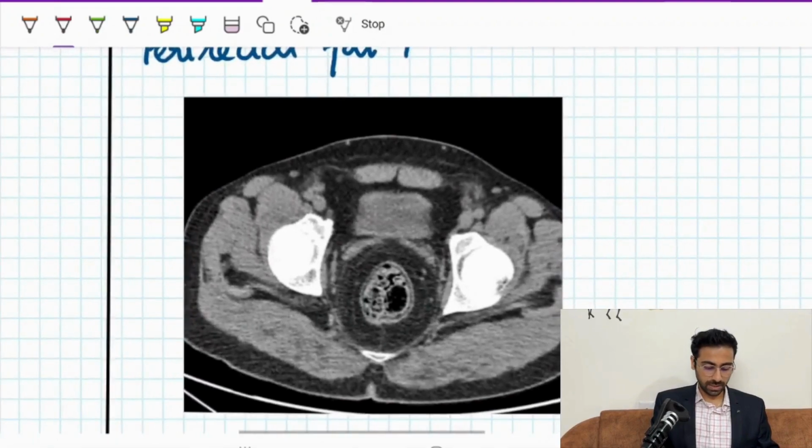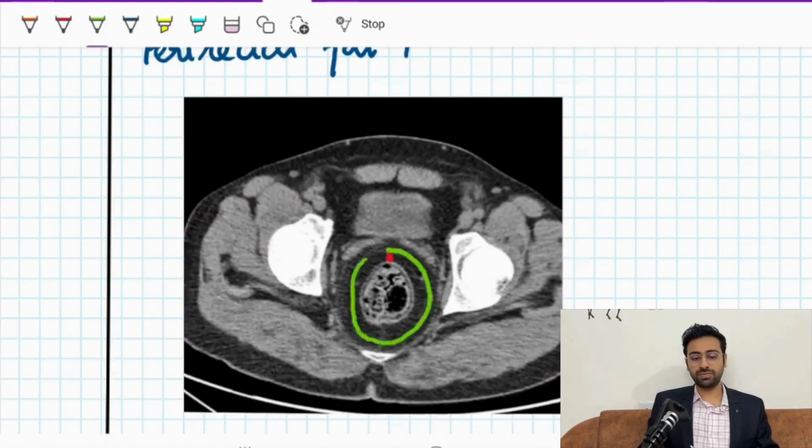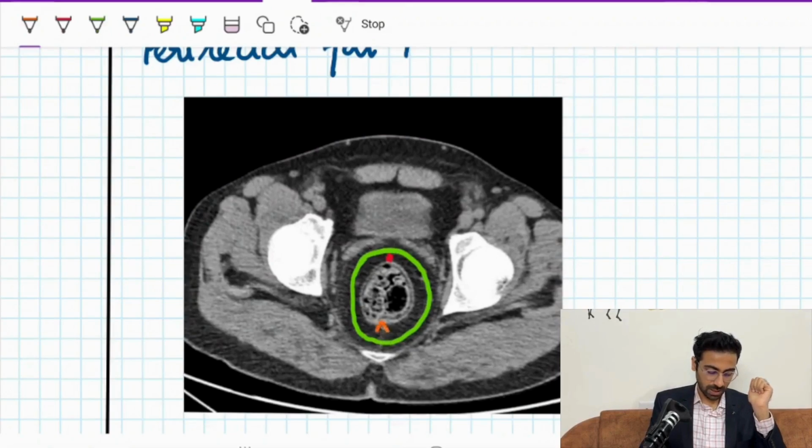Coming to ulcerative colitis, you can see that this is the rectum and I've highlighted in green that the perirectal fat is enlarged. Now, I want you to remember that many researchers consider the presacral fat pad as a sign of ulcerative colitis, meaning the distance between the sacrum and the rectum.